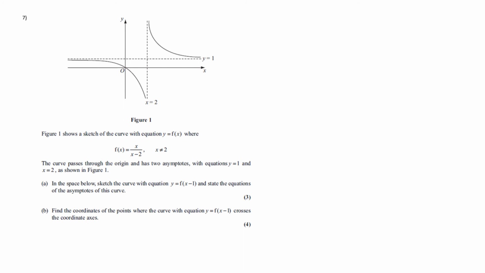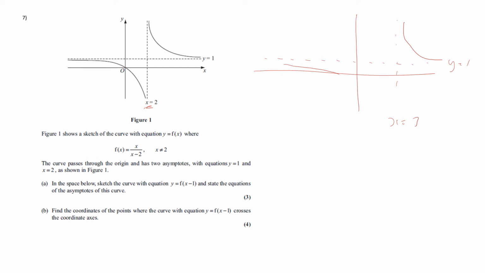If I sketch that curve, that means that this asymptote, x equals 2, is going to move one place to the right to be x equals 3. This y equals 1 asymptote will not move.